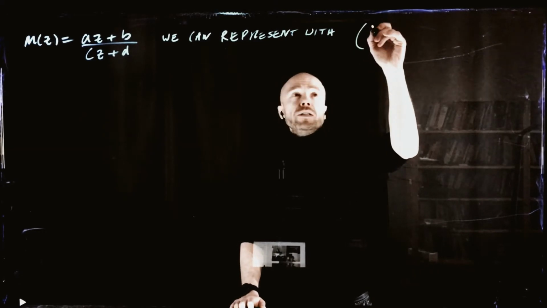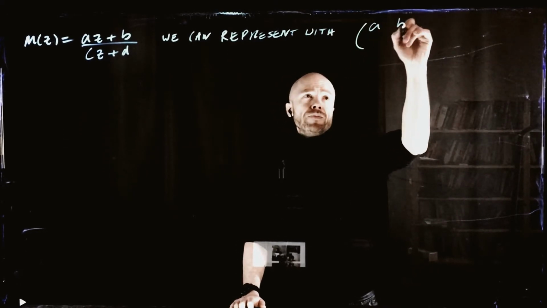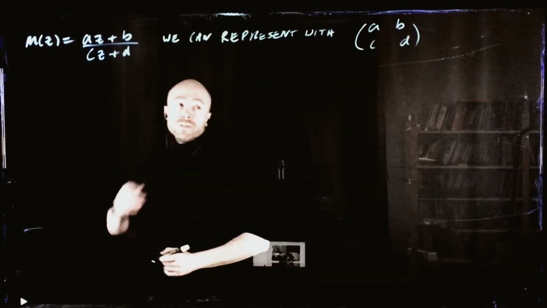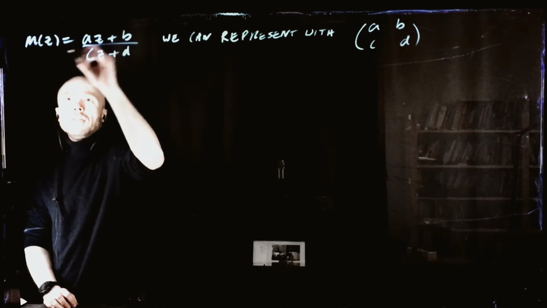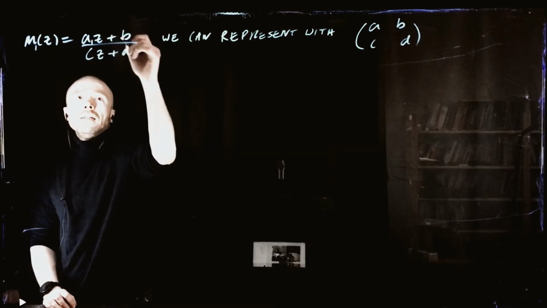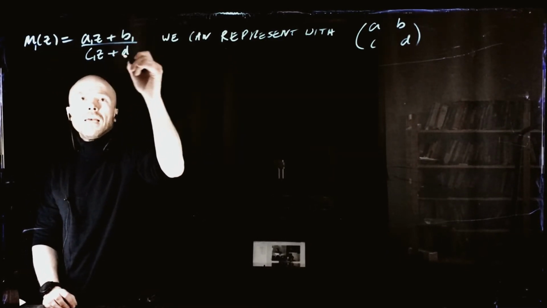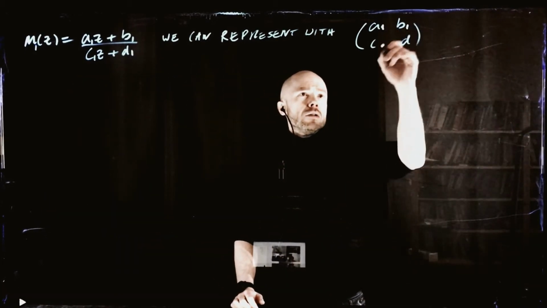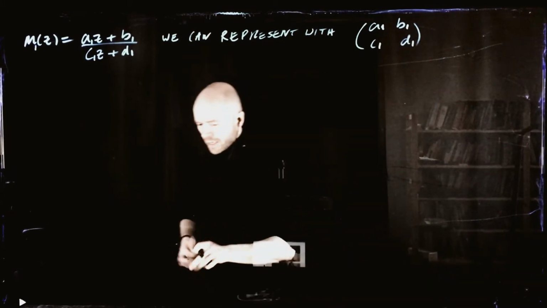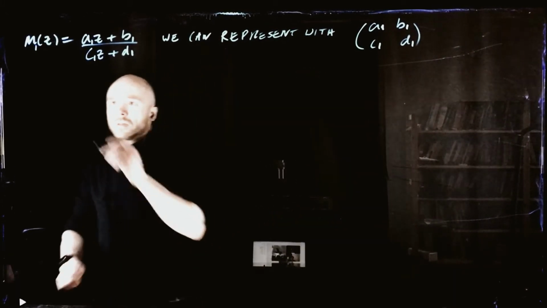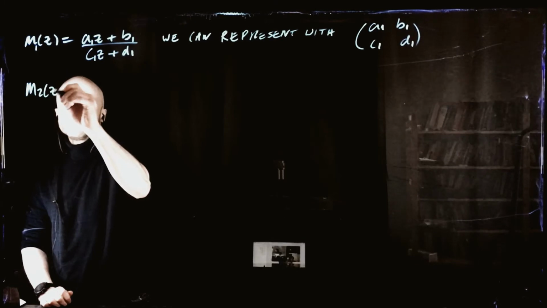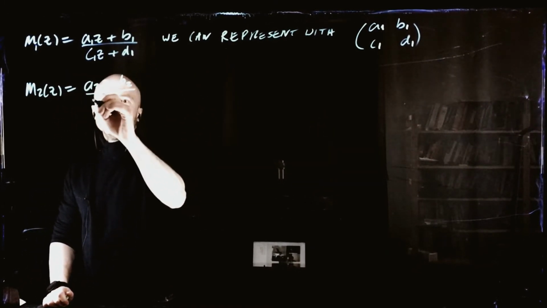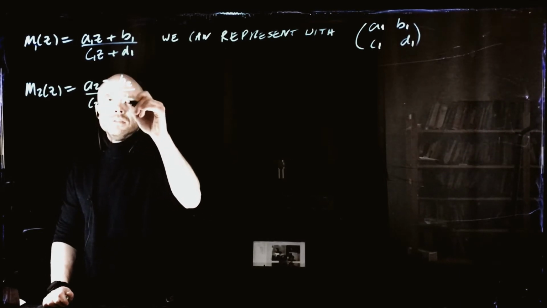But the point is that composition obeys the laws of matrix multiplication. So let's call this one M1, with coefficients A1, B1, C1, and D1. And let's take another, M2, which has A2z plus B2 over C2z plus D2.